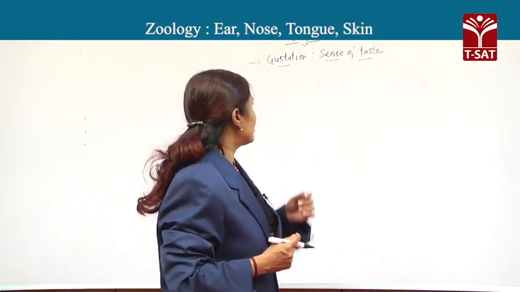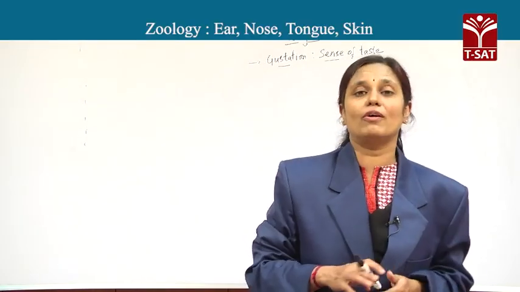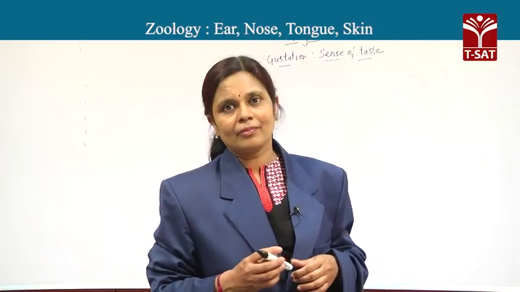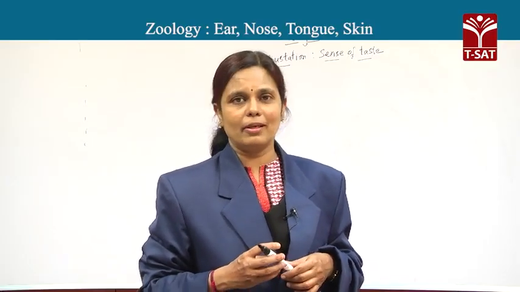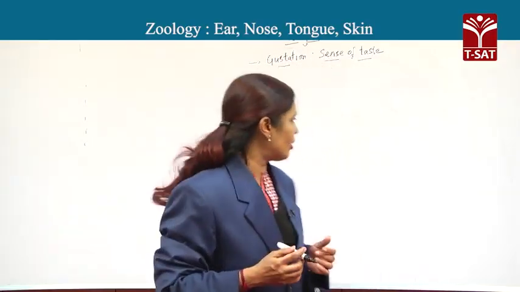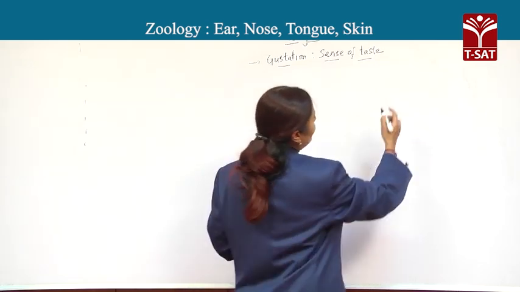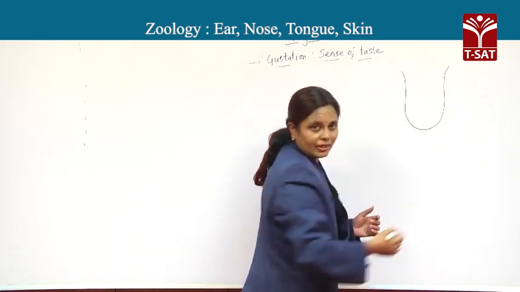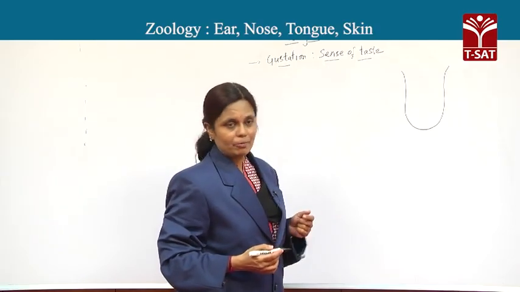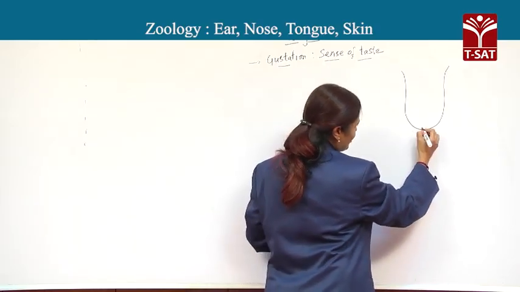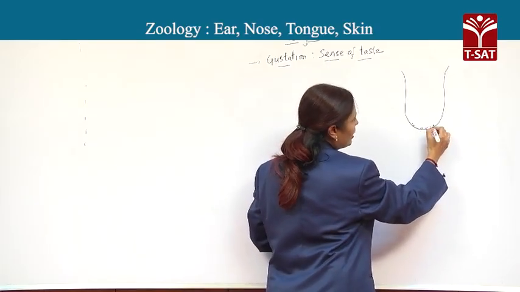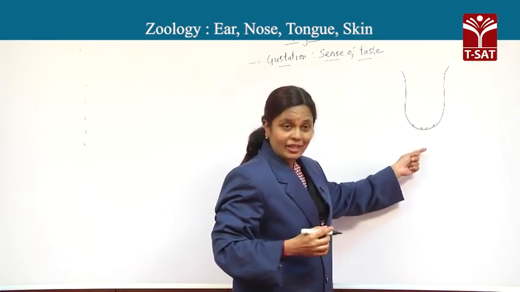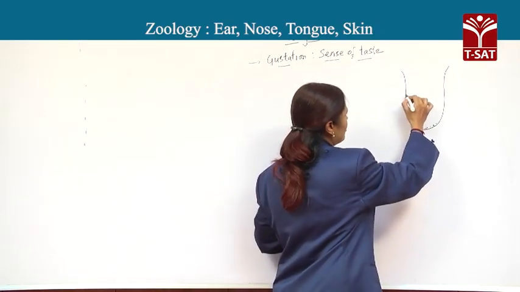Then when you come to the sensory structure and function of this tongue, you studied about taste papillae, right? You studied the presence of 3 different types of taste papillae on the tongue. What are those 3 types? Fungiform papillae present at the tip and margins of the tongue.